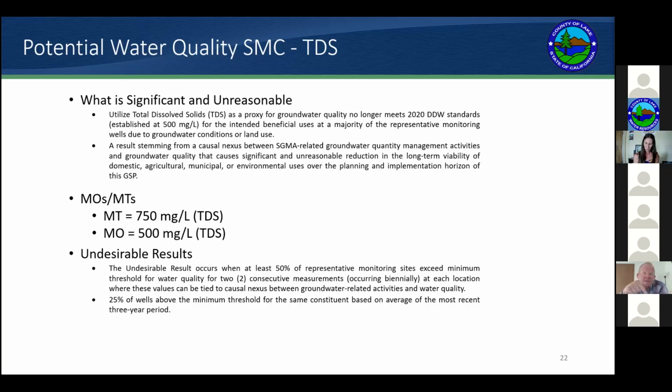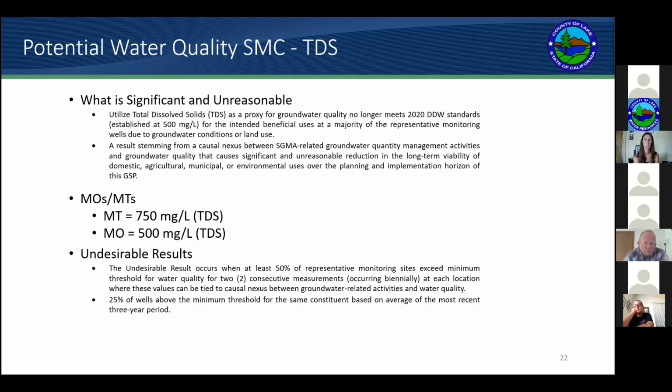If we got into monitoring for bacteria, one of the questions I would probably get posed from some folks would be, well, is the bacteria a result of the well not being constructed right, not having the right sanitary seal? If the septic system was installed too close to the well, that's a regulatory issue, not a sustainable groundwater management issue. So that would be my initial response. But if folks think it's important, we could look at it. We just need to make sure we've got the historical record to set the MO and the MT.